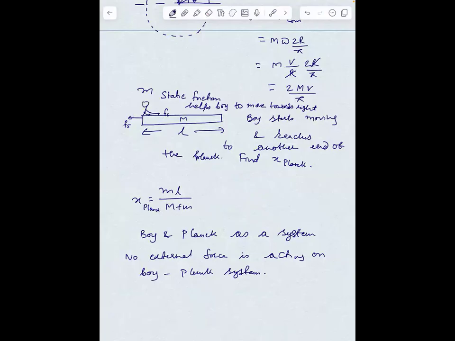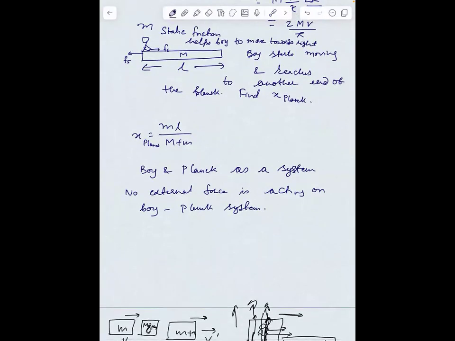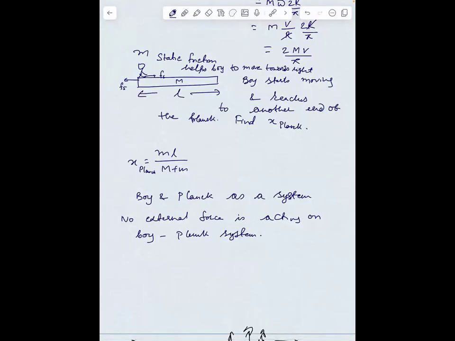Still, we cannot conserve the momentum in the vertical direction. Why, guys? In the vertical direction, normal is acting on the boy and plank both, and mg is acting on both. So I can conserve momentum only in the horizontal direction. So let us take that momentum in the horizontal direction remains conserved. So you can say that this plank will move towards x.